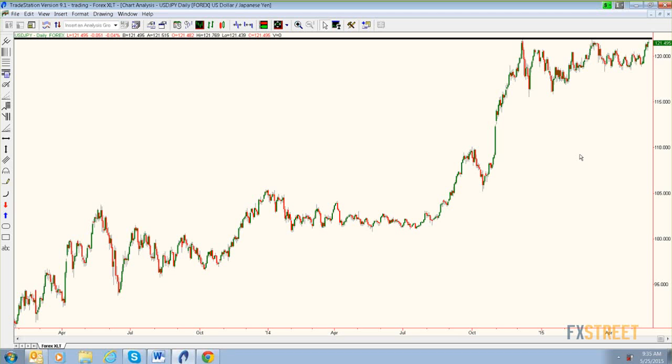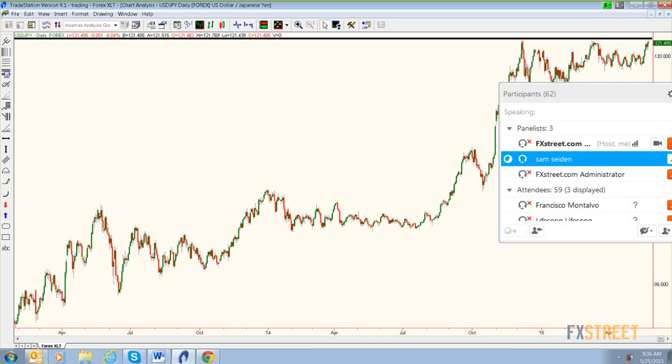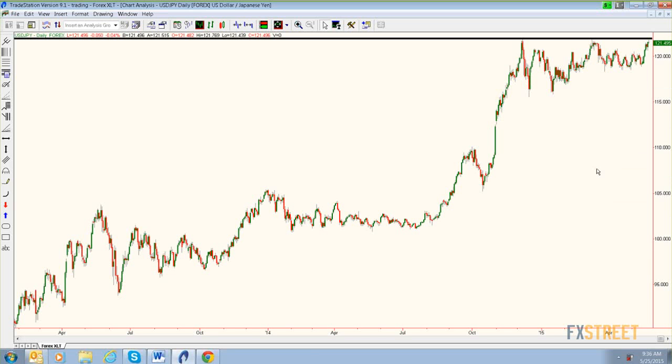So just look at the chart that I have up here. You've just had this rally from 95 all the way up to 121. And now if price trades above 122, is that the time to buy? Make sense? That's like saying don't buy your car when it's new, right?